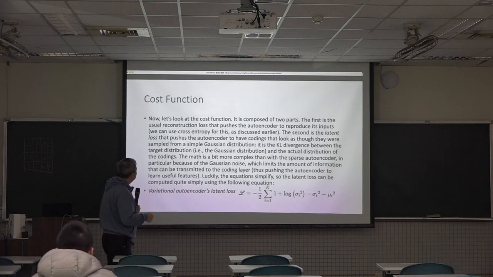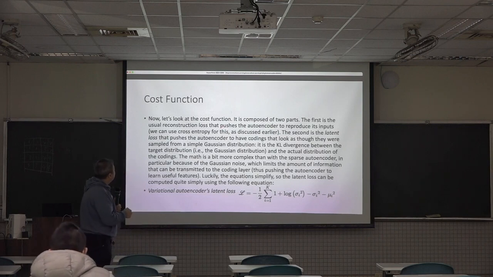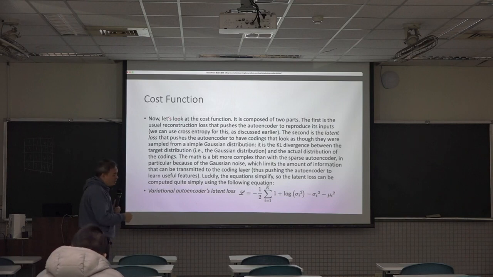So we can look at the cost function. It's composed of two parts. The first is the reconstruction loss, which we use all the time, which pushes the autoencoder to reconstruct the input as close as possible. The second part of the cost function is the latent loss, which pushes the autoencoder to have codings that look as though they were sampled from a simple Gaussian distribution.